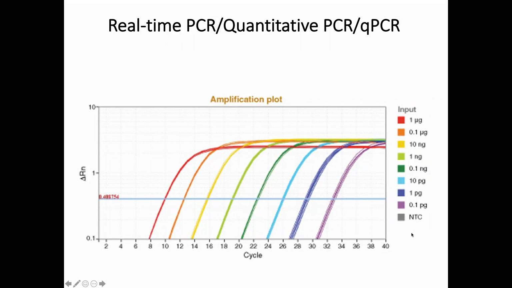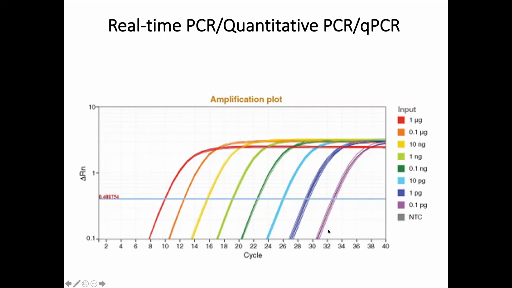Okay, so if you collect all the samples after 40 cycles, you don't see any difference because all the reactions reach the plateau. However, if you compare the curves at their exponential phases, with this blue line showing here, you can easily compare their different quantities. For example, the purple line, which contains only 0.1 picogram of template, will need 33 cycles to reach this blue line, right?